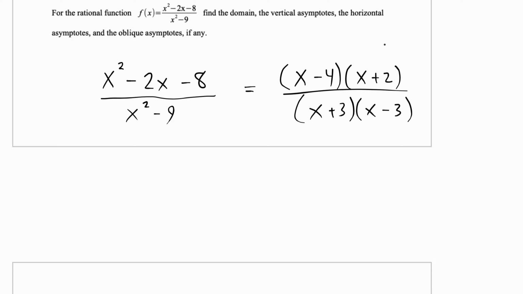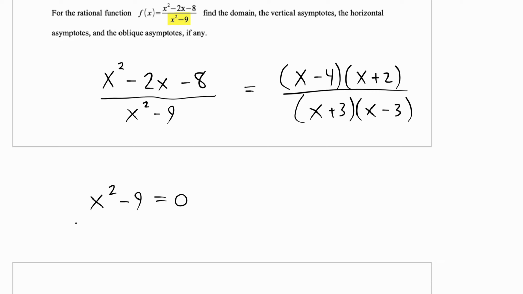So with that in mind, the fraction is fully reduced. And so what we have to analyze is the denominator to find the vertical asymptotes. So what you do is you set the denominator equal to 0. And any zeros of the denominator are going to be vertical asymptote locations.